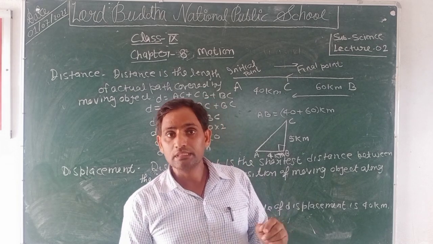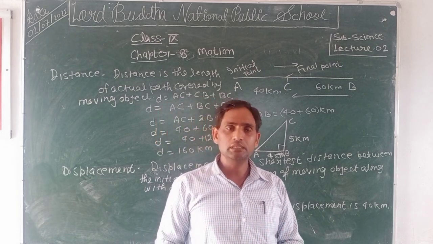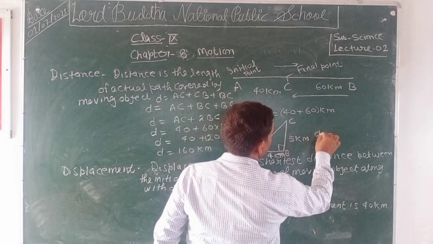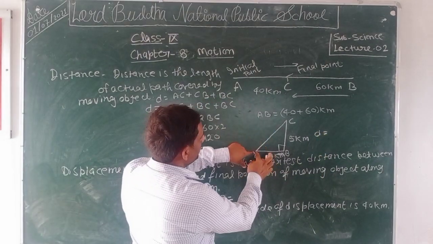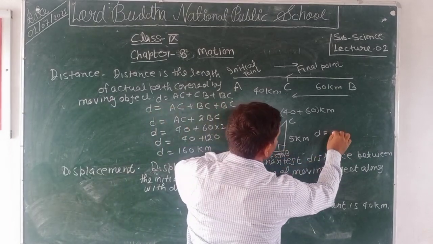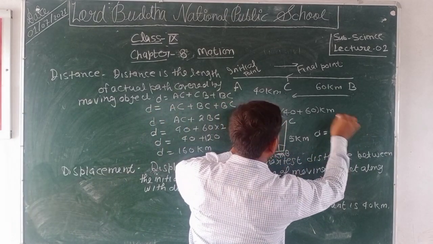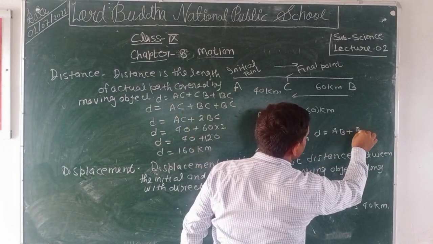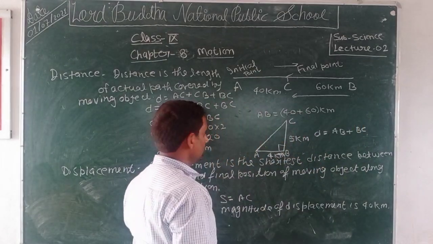The distance covered by the person in this case will be D equals length of path AB plus length of path BC. Clear?